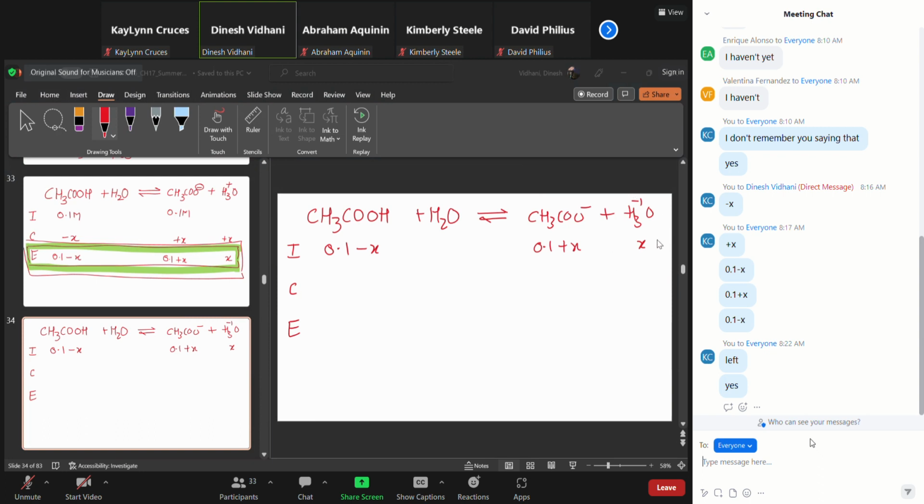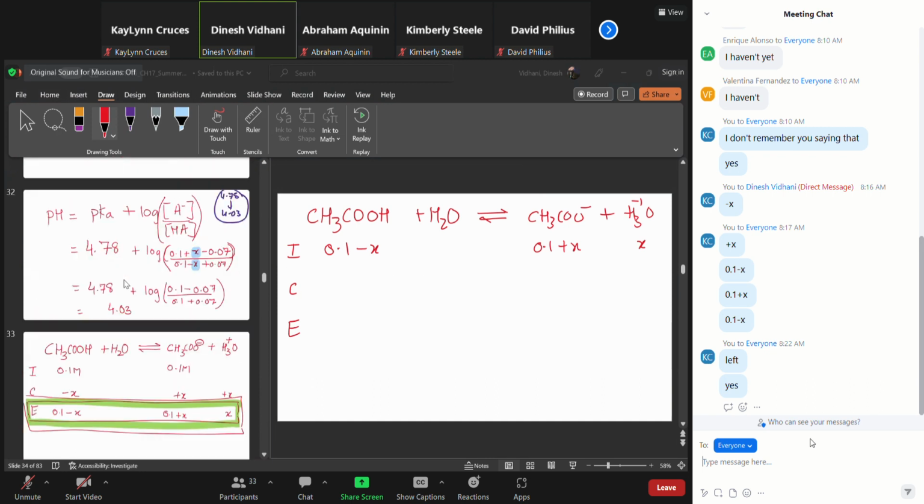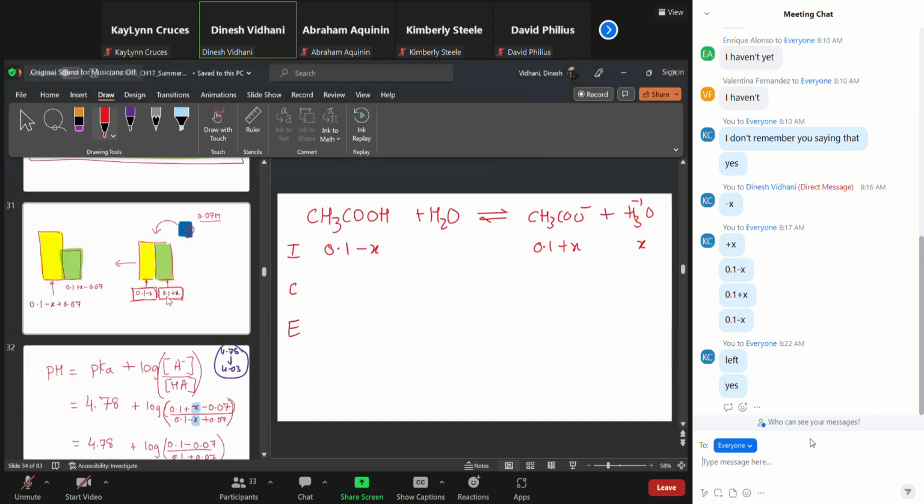Now, guys, just keep in mind, the moment I add hydronium ion, what should happen? What is the change? Keep in mind, you will have two equilibriums over here. Finally, your equation is going to look exactly like this figure.